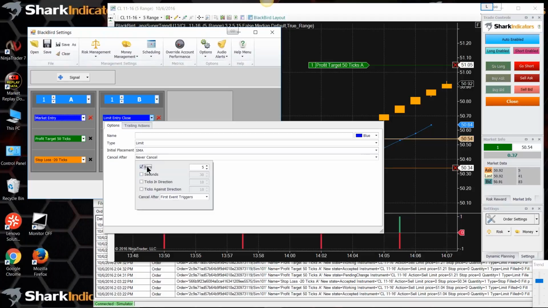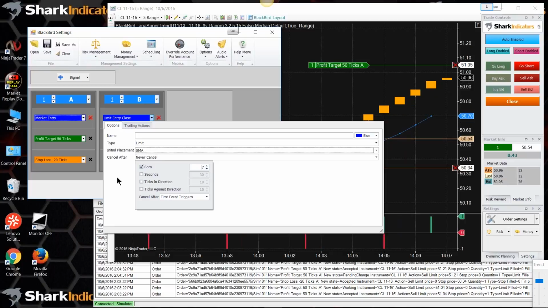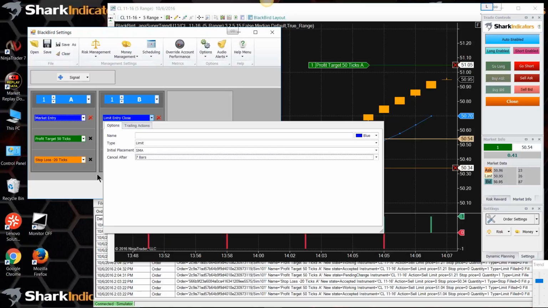If we wanted to, we could say cancel after 10 bars, well, maybe something a little more reasonable, like cancel this limit order after 7 bars if price never picks up your limit order.